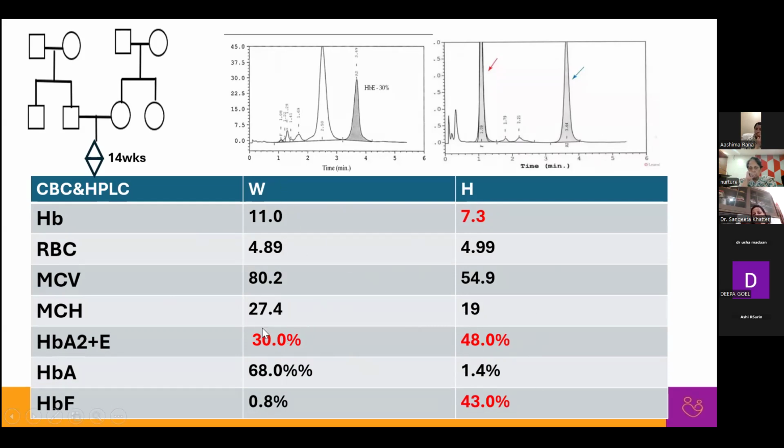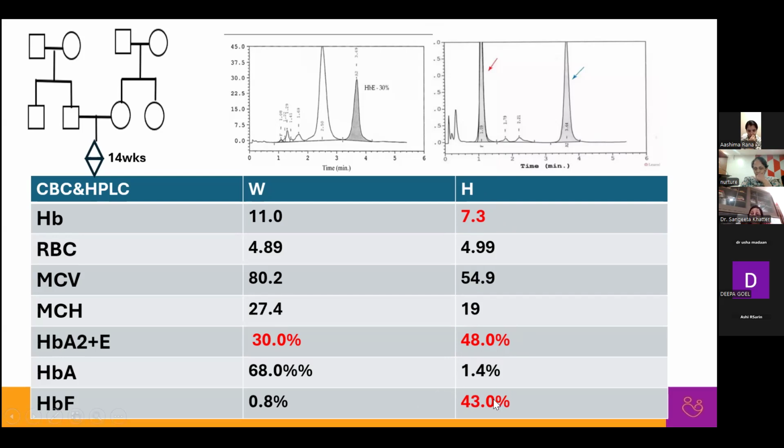In the wife, it is mostly looking like HbE heterozygous, but we cannot say it with reliability. We have to do beta globin gene sequencing to find out the proper result. And the husband was symptomatic, Hb 7.3. His Hb used to remain like this, CBC parameters showing microcytic hypochromic anemia, and A2 plus E, which is slightly higher than the peak of HbE.